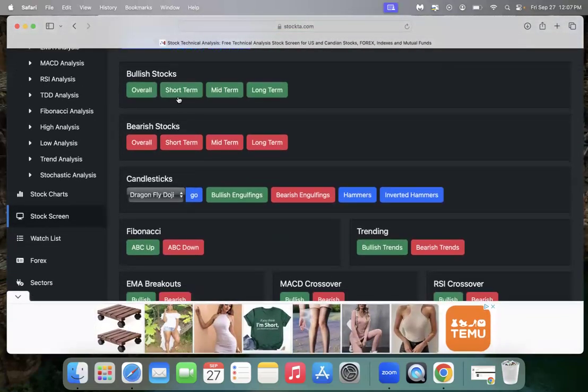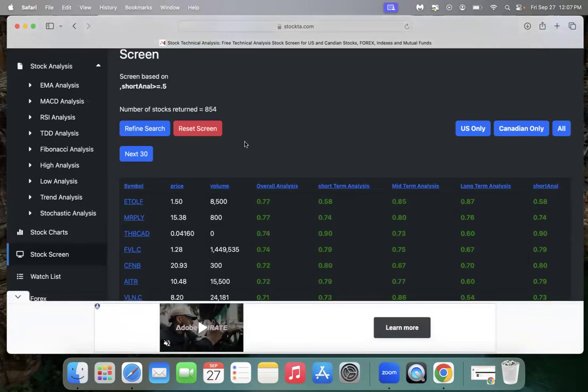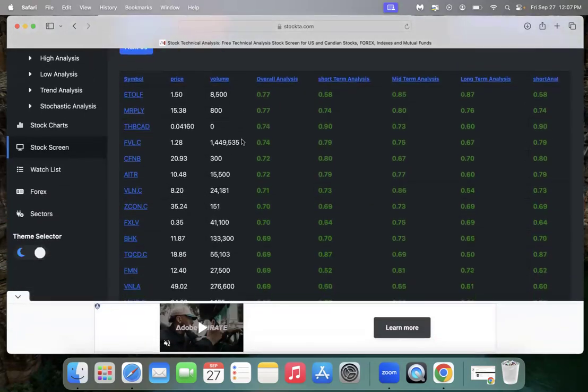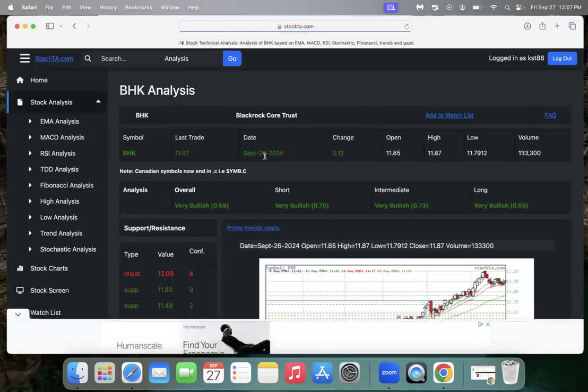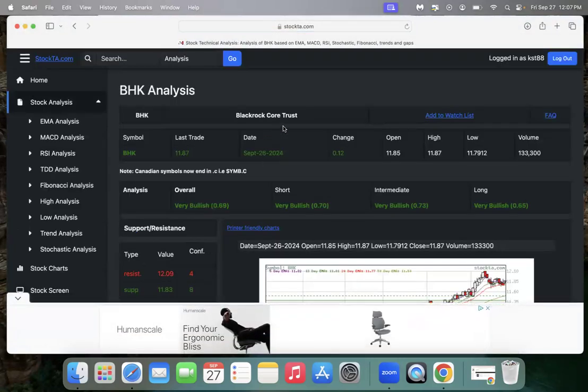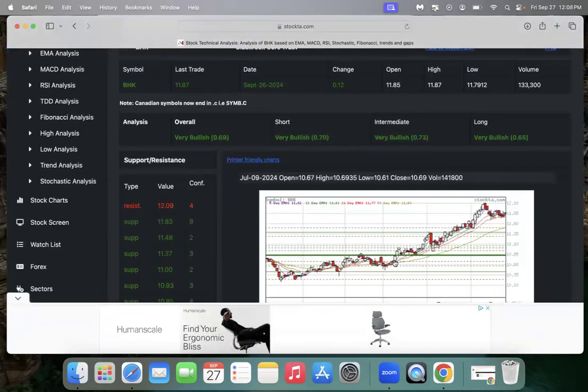So let's do bullish short term and see what pops up. So it's 874. All right, BHK, BlackRock Core Trust. Very bullish, as you can see.